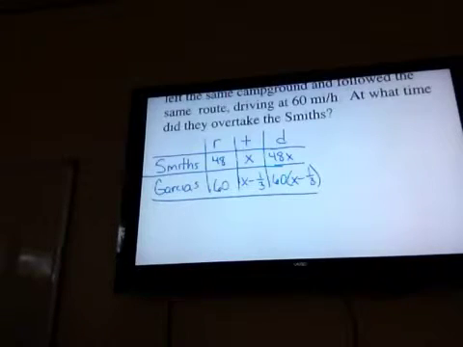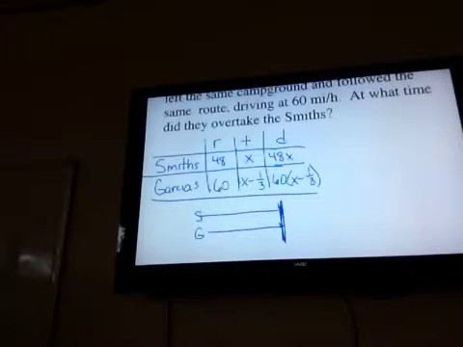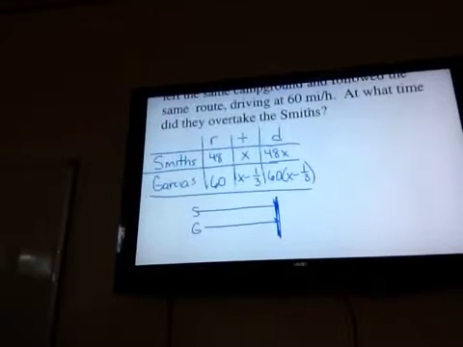They didn't give you a total distance. Think about the scenario. Here's the Smiths, they leave the campground, they travel. Here's the Garcias, they leave the campground, they travel. Eventually, they meet. Their distances are equal to each other. So I set the Smiths' distance equal to the Garcias' distance.